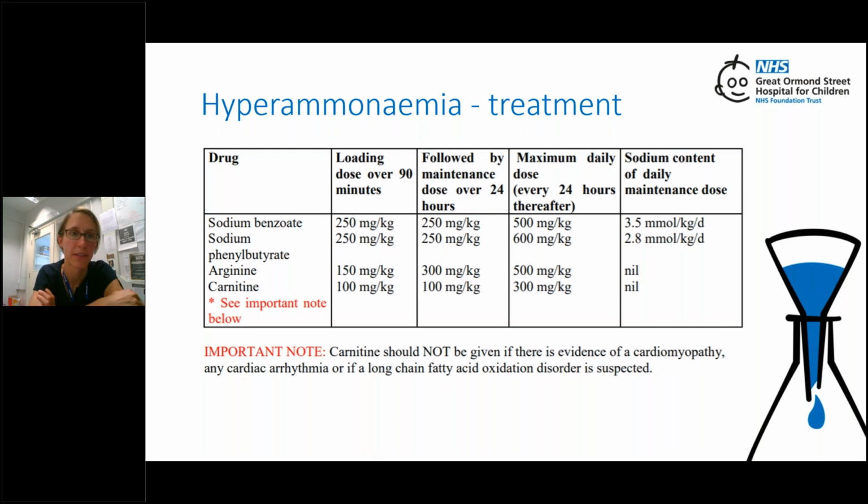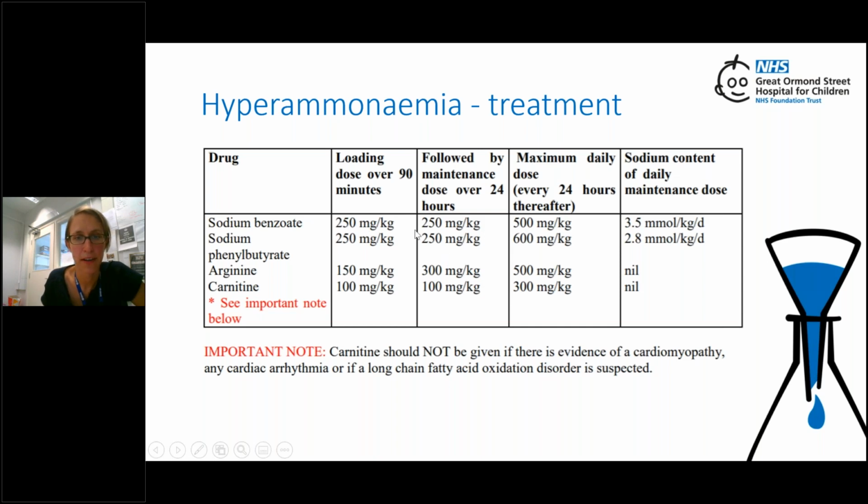And the conservative treatment of hyperammonaemia, so the medications you give, are the ammonia scavengers, which are sodium benzoate and sodium phenylbutyrate. For both of them, the dose is the same. They require a loading dose that we give over 90 minutes with a dose of 250 milligrams per kilo.